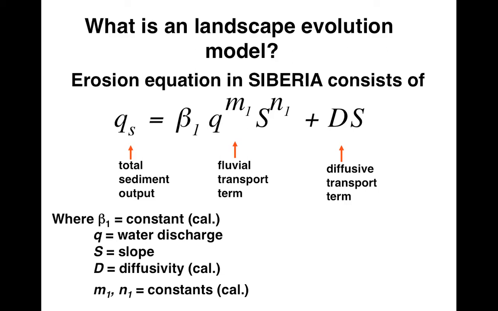Right, so there's a bunch of models that we can use to simulate landscape evolution. And often they're based on simple equations which can describe sediment transport in terms of very simple components. One's a fluvial component, which is related to the water flow.